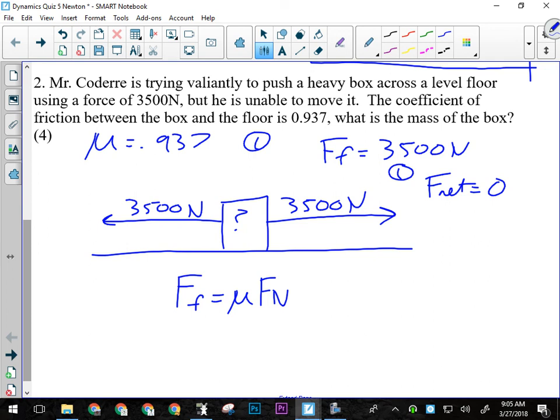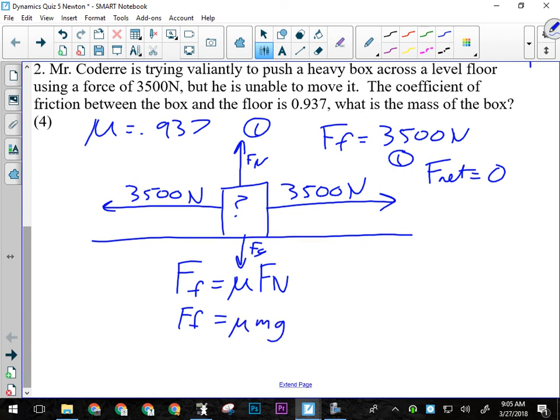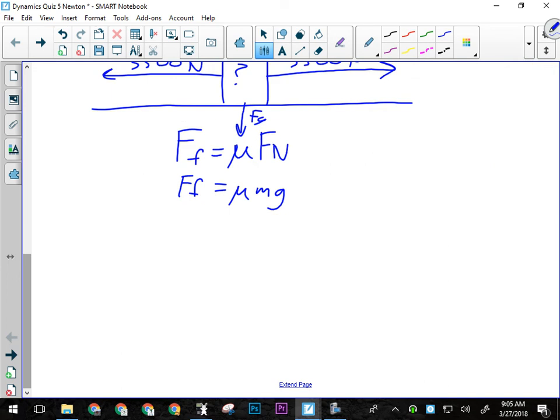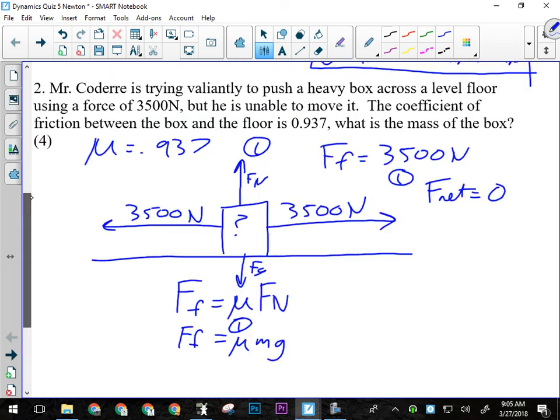That's the other thing we have to realize in order to solve this, that normal force and gravity are equal in this situation. The box isn't moving. So I can take Fn out of here and say that the force of friction equals mu times the normal force, or times gravity in this case, because they're equal. And now I can solve for m. Give them a mark if they got to that point. That's 3, and this one's only out of 4.